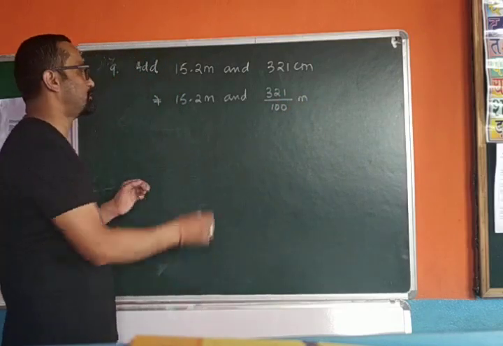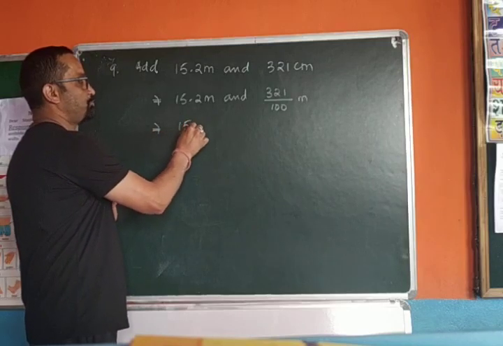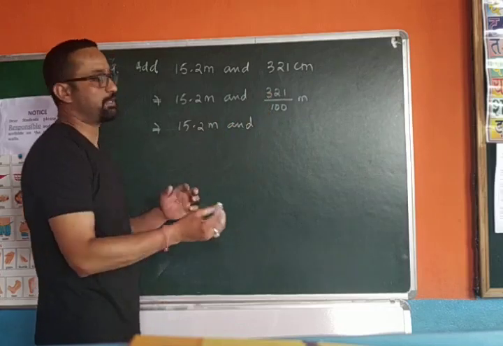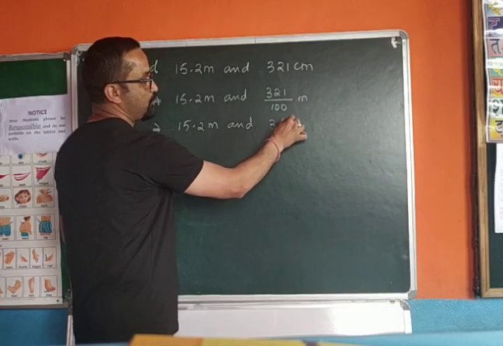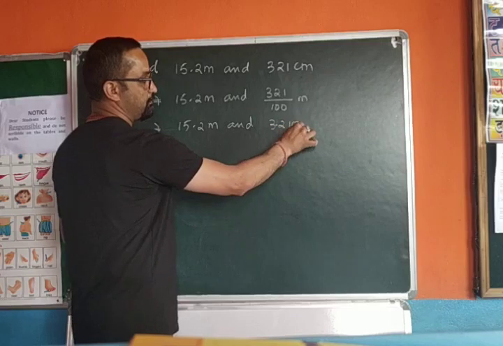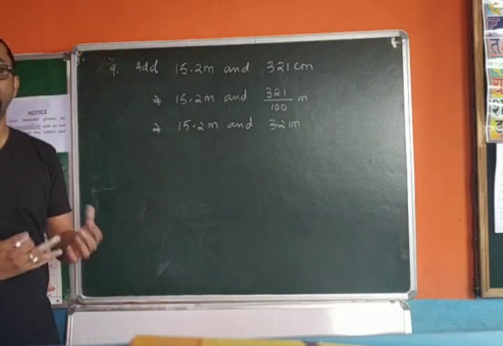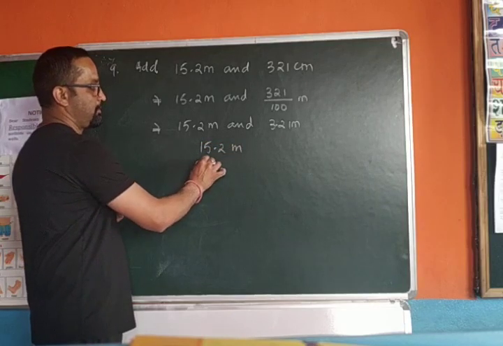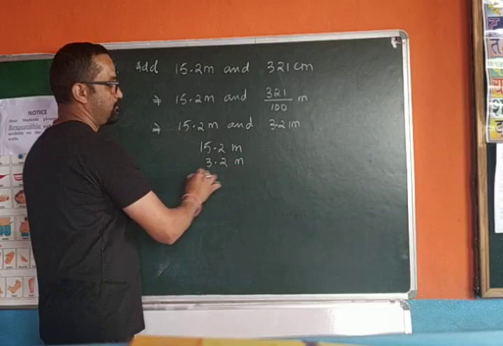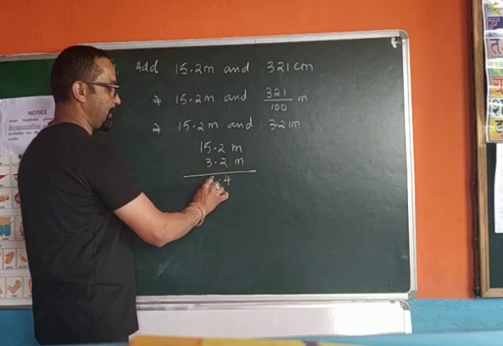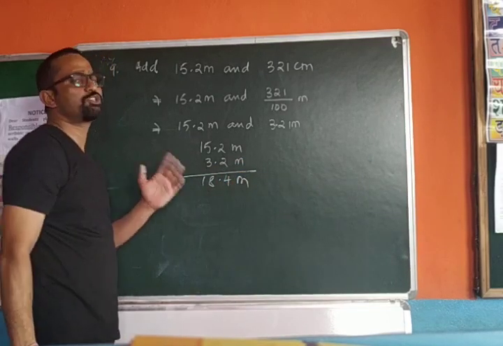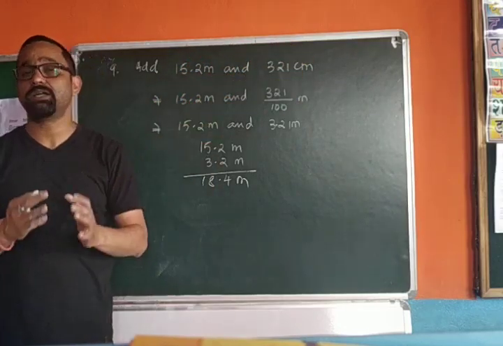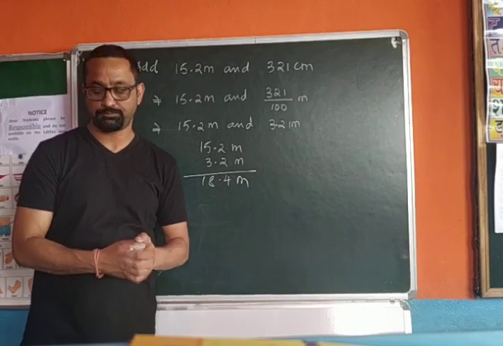Unit changes to meter. 15.2 meter and convert into decimal: 321, 2 zeros, put decimal, meter. Both have been converted to the same unit. Now add it up. 15.2 meter plus 3.21 meter is equal to 18.41 meter. Much easier. You have to have the same unit to add it up. Otherwise you cannot.